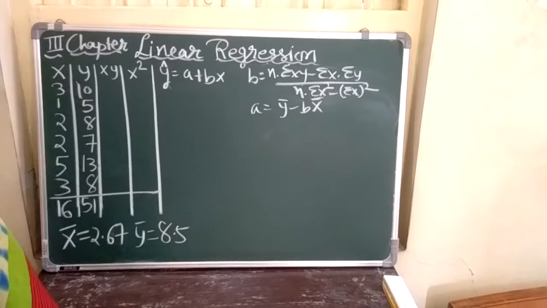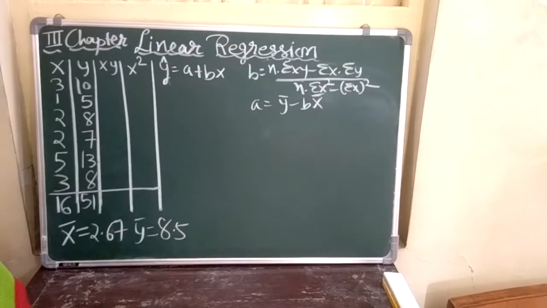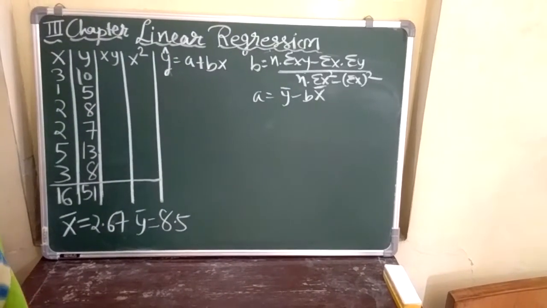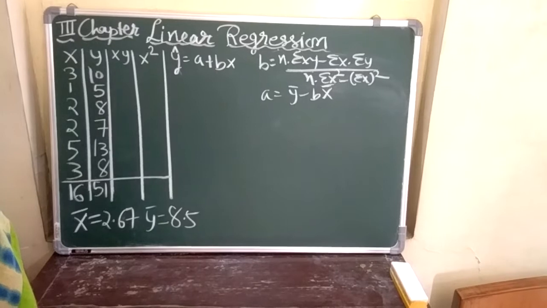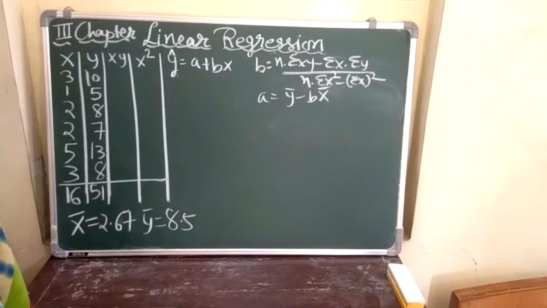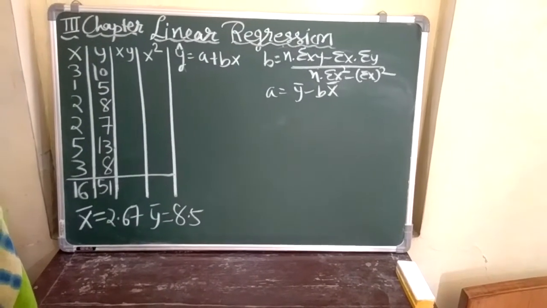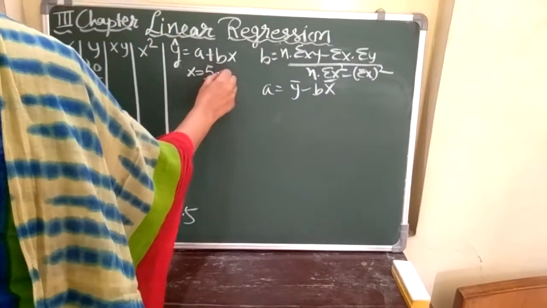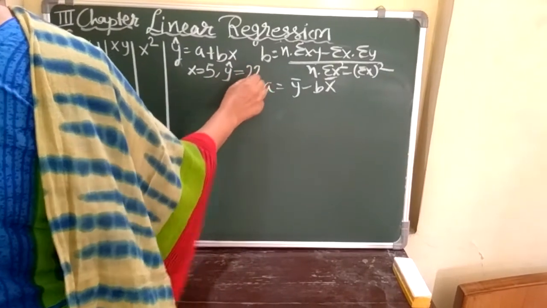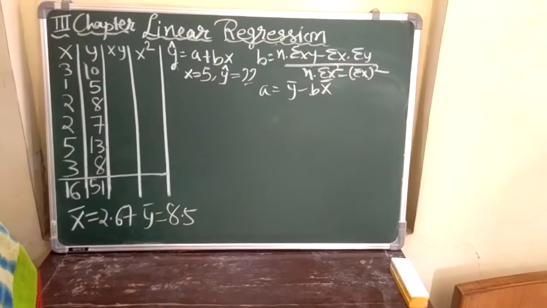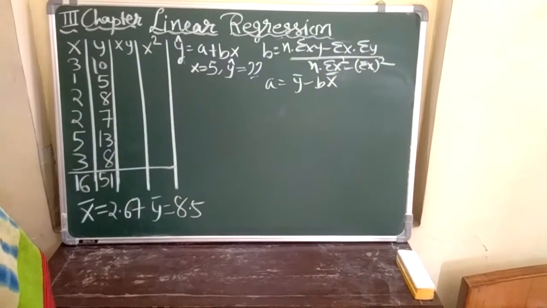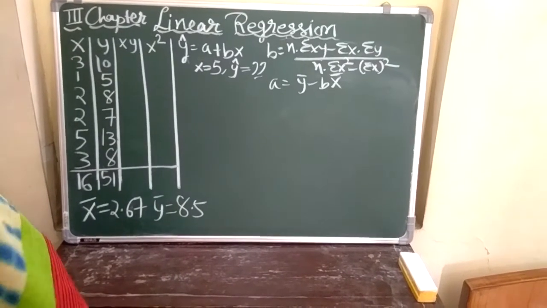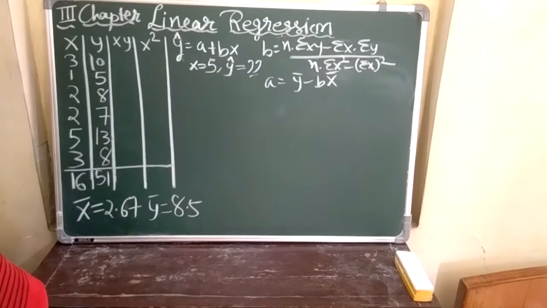Based on these two variables, obtain the regression line of y on x and find an estimate of the average annual maintenance cost when the usage time of a car is 5 years. That means when the value of x is 5, we are supposed to find the estimated value of y. Along with that, also find its error. What this error is, we will discuss later on. Now let us start with the sum.